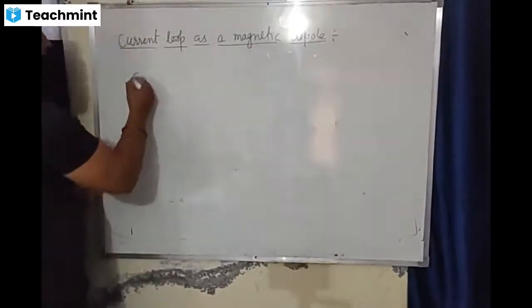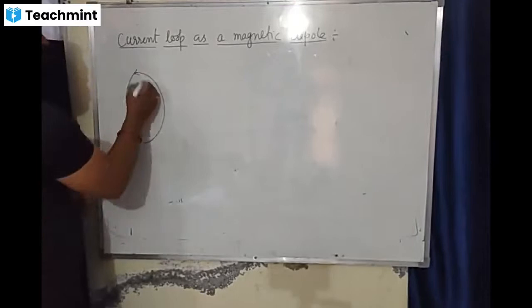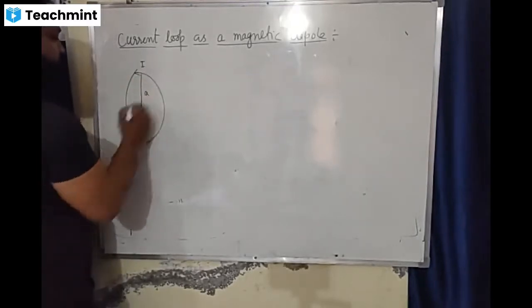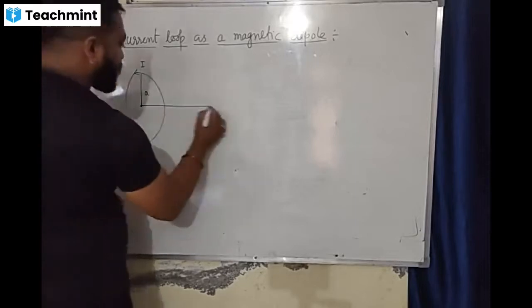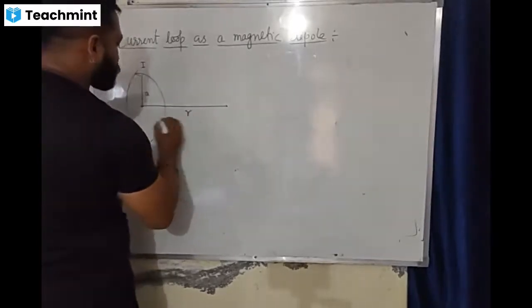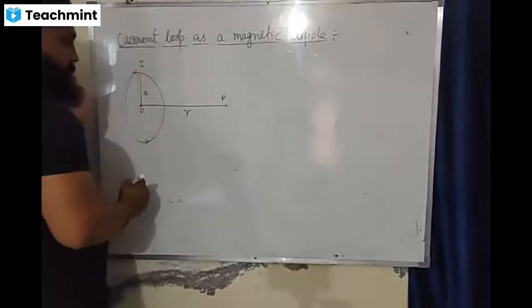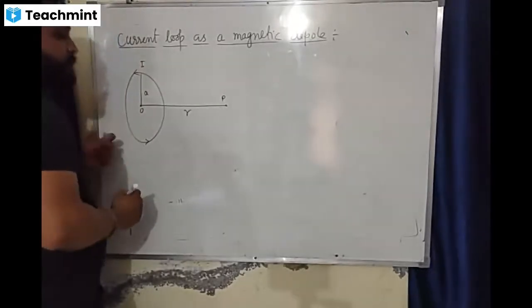Suppose this is a circular loop in which the current is flowing like this. The radius of the loop is A, and at axial points, at a distance r from the center, we need to find out the magnetic field.